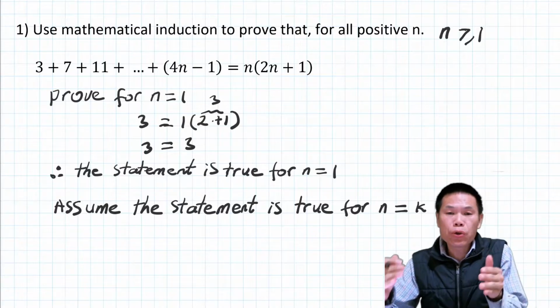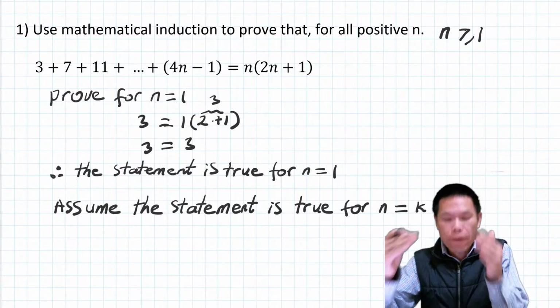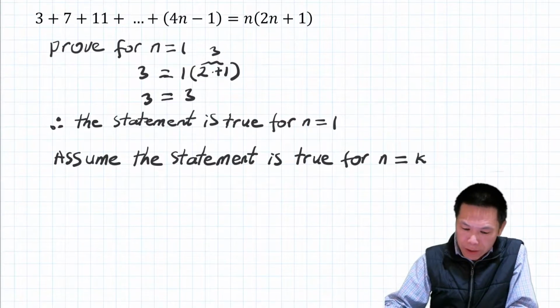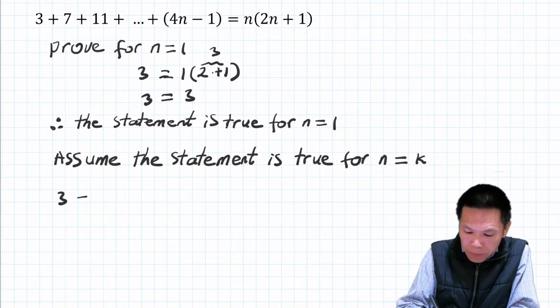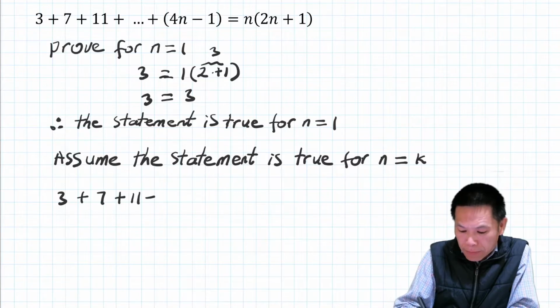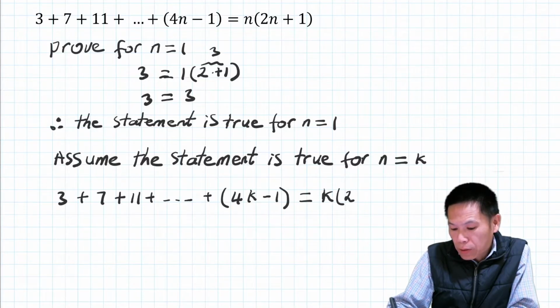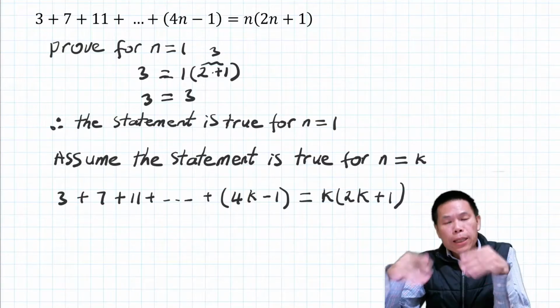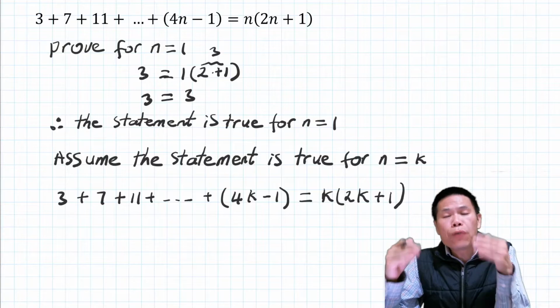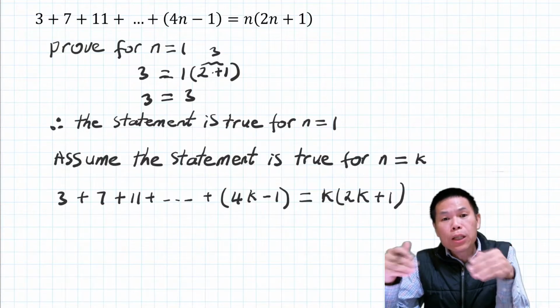So we just substitute n equal to k into the first statement. So that is 3 plus 7 plus 11, up to 4k minus 1, is equal to k times 2k plus 1.